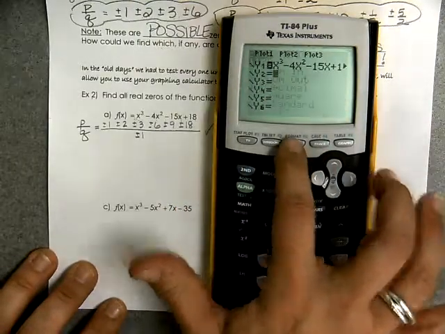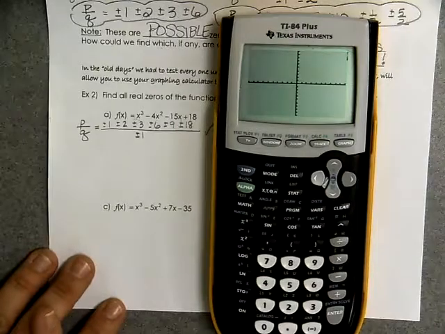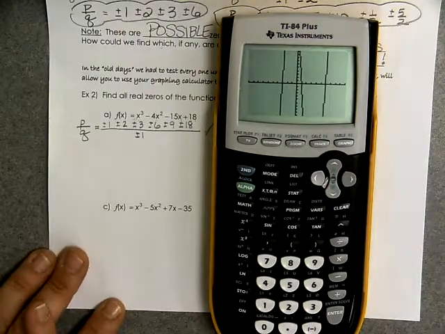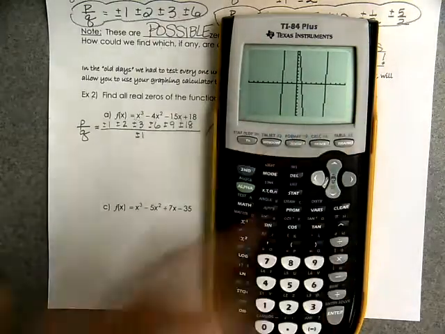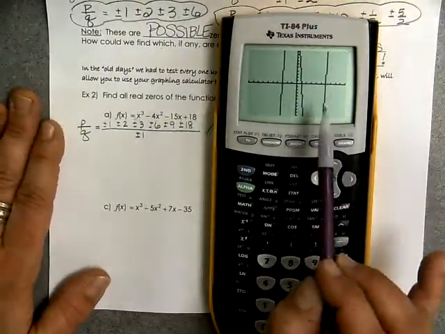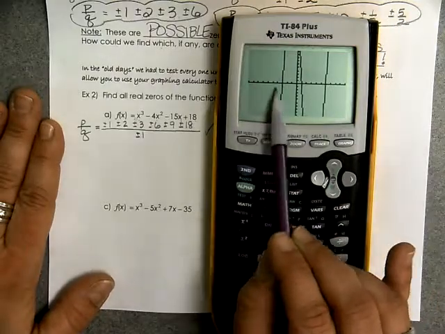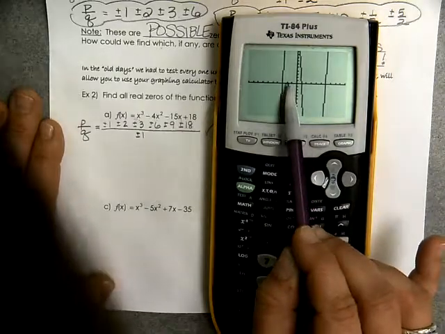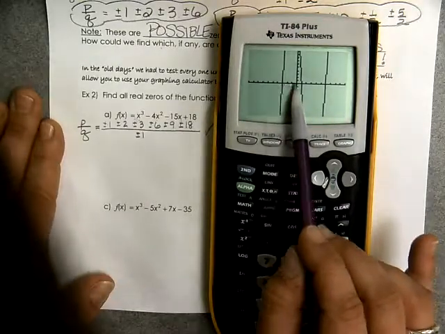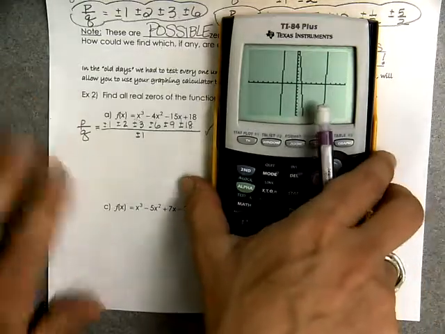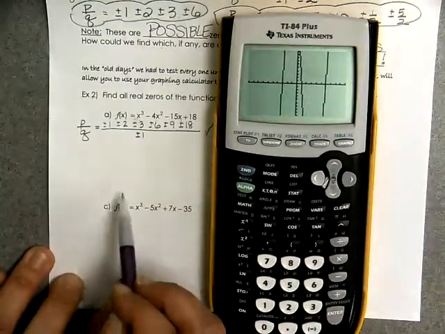Then we can graph, let's zoom 6 it, and then all we need to do is look for the x-intercepts. And all we want is 1 to get us started, okay? We're just looking for 1 to get us started. So I always read my graph from left to right. And I notice that there looks like there's a 0 right here at negative 3. Is negative 3 a possible rational 0?